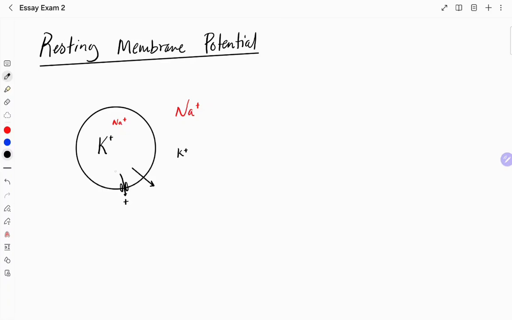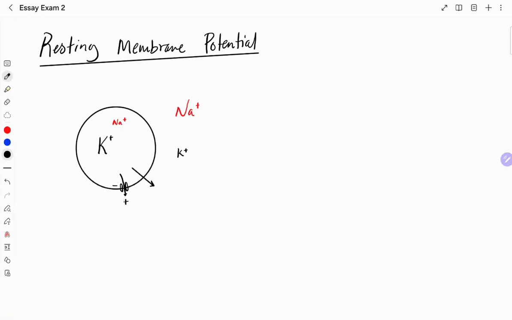But like we said earlier, that potassium ion has left behind a chloride ion in the cell. So that potassium moving out means that this cell has just lost a positive charge, making the inside of the cell more negative than it was before.